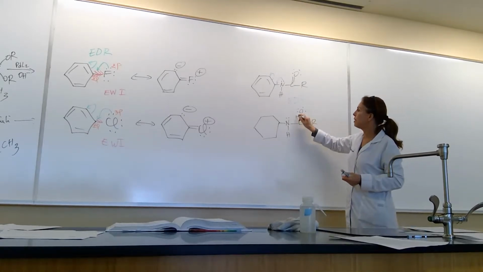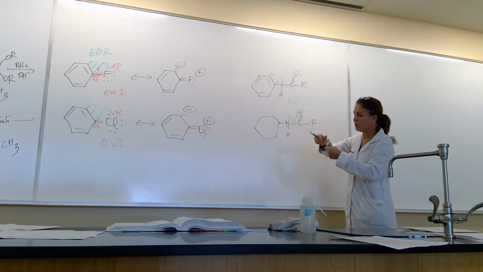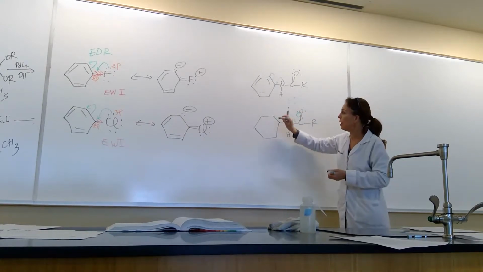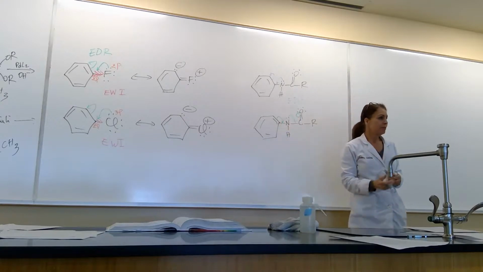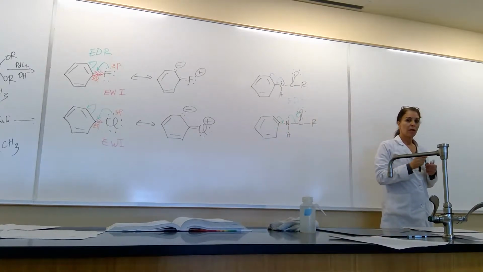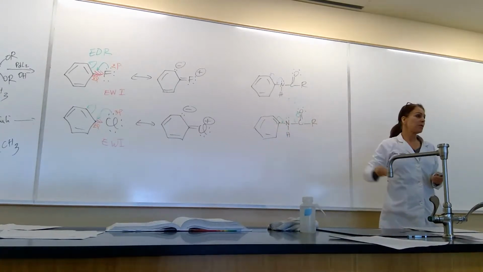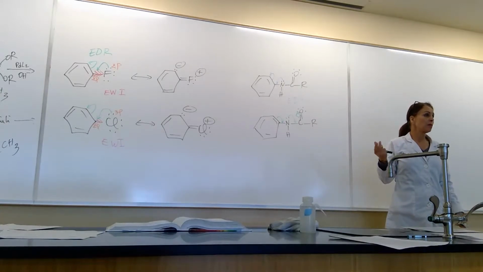So what can happen, the oxygen pulls, this has to come back down here, and this has to come here. So you see, this particular substituent is both electron donating and electron withdrawing.